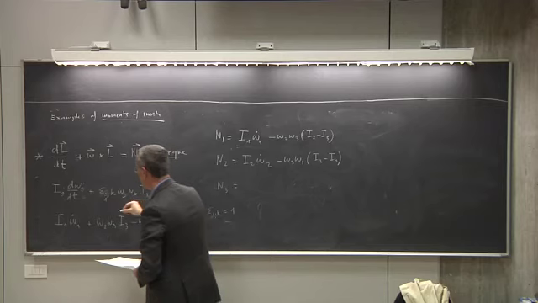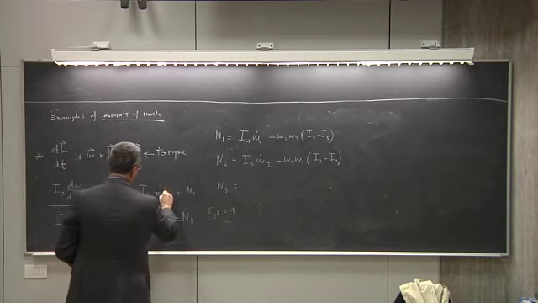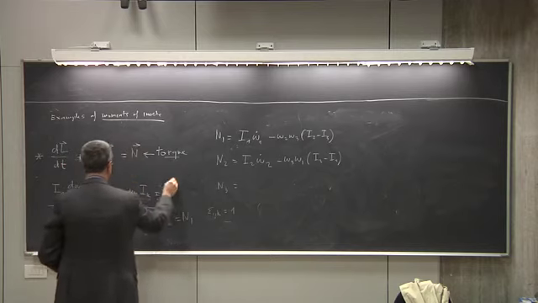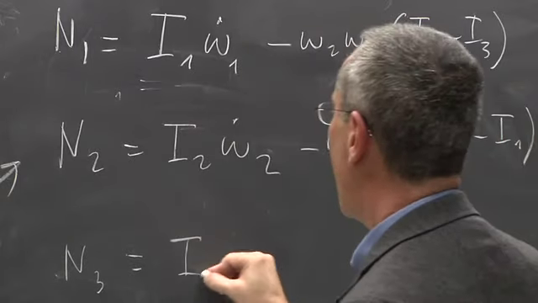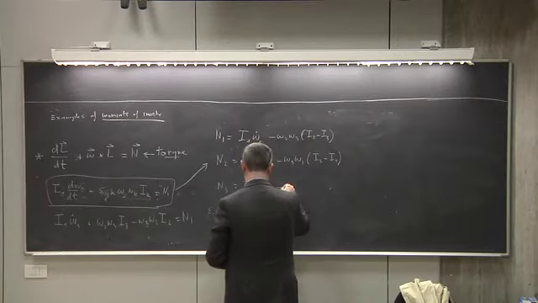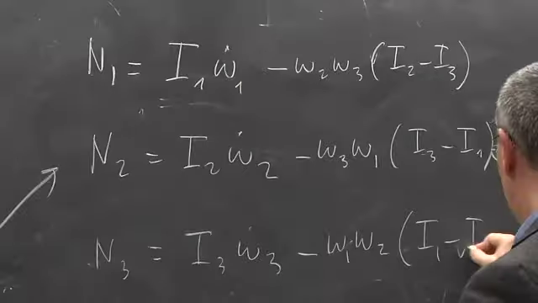So I'm just rewriting this equation component by component: I3 omega dot 3 minus omega 1 omega 2 (I1 minus I2). Okay?